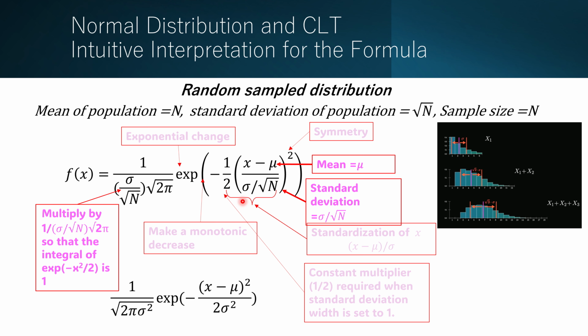If the sample size is very large, then this part is very small, the distribution is sharper, and our estimation would be more precise. But if sigma is large, then the distribution shape would be wider, so our estimation would not be efficient. That is the intuitive understanding.